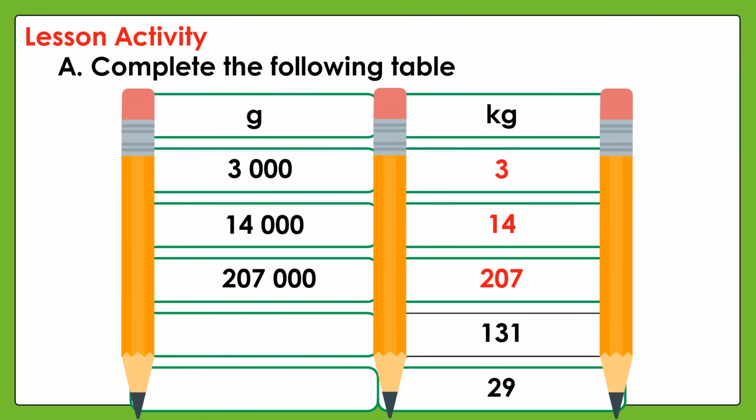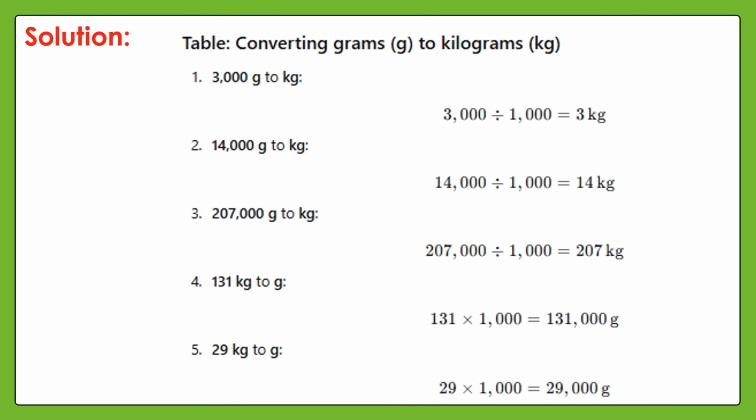Number 4, 131 kilograms is equal to 131,000 grams. Number 5, 29 kilograms is equal to 29,000 grams. You can check the solution here.